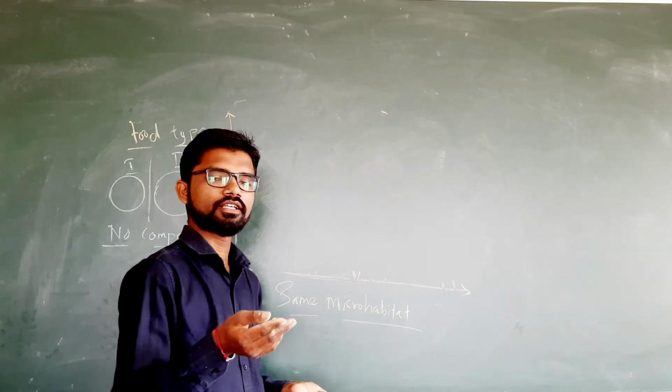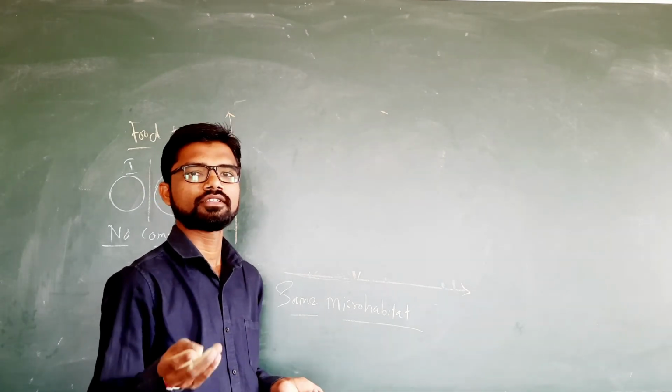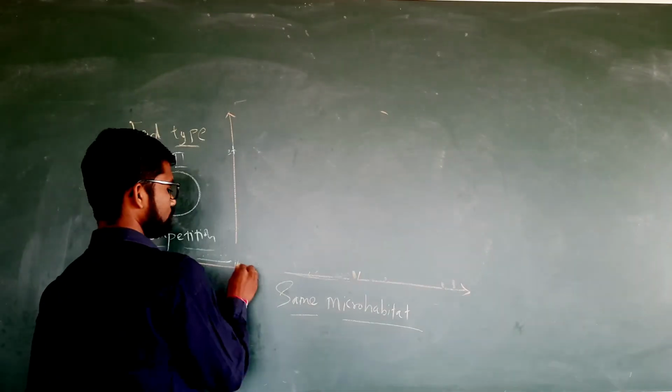So how can we determine the niche width and the niche overlap?